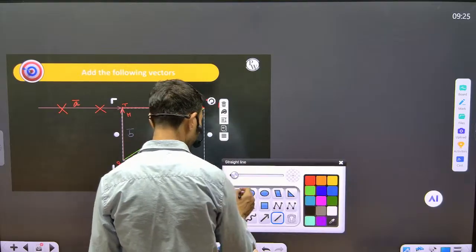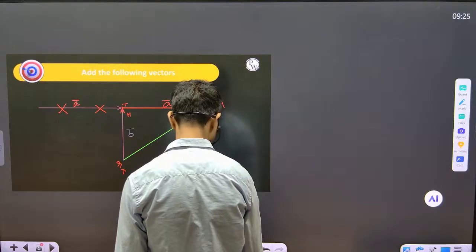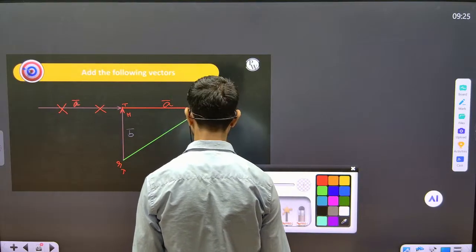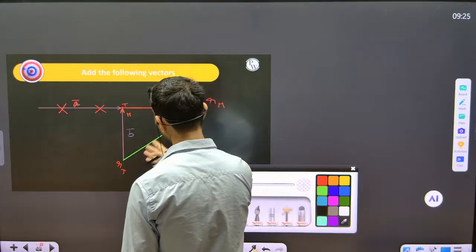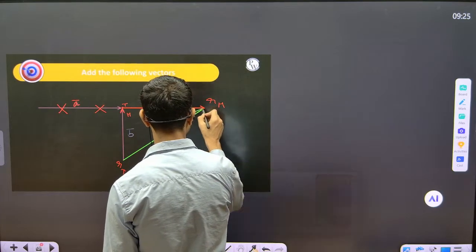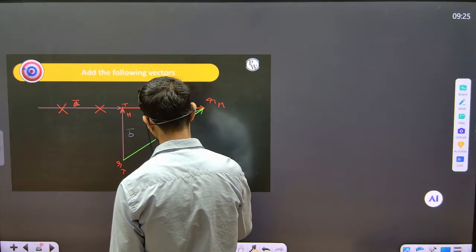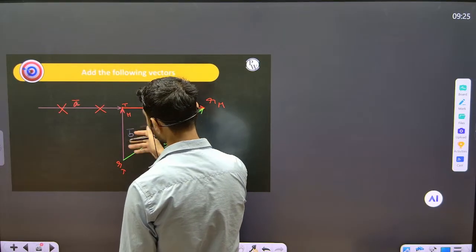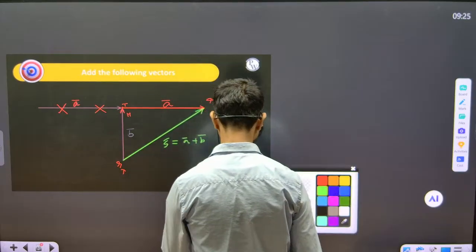Why is it so high? Below as well. Yes, it's low enough. Perfect. Okay, and where do we put the arrow? Arrow is on the remaining head. So here is the arrow, and this is the sum vector, right? So this sum is basically made up of A vector plus B vector. And how can you verify that?